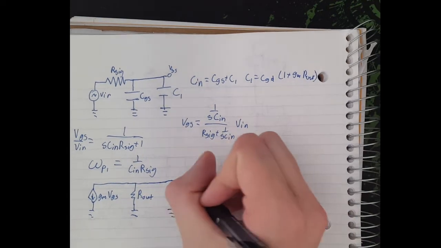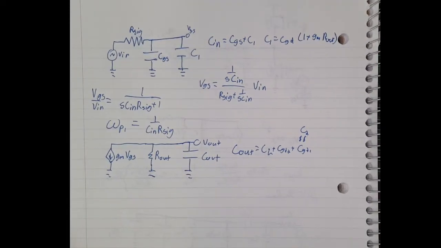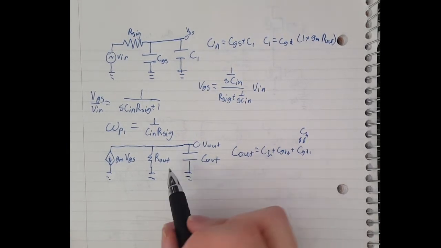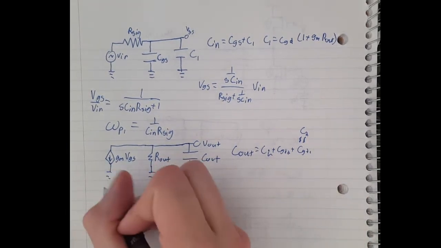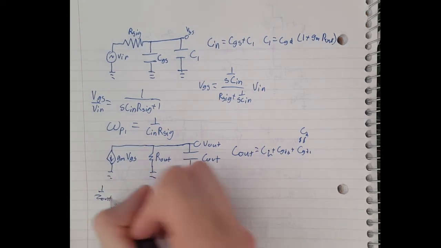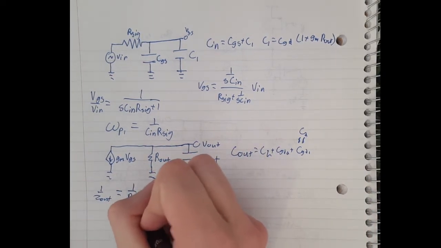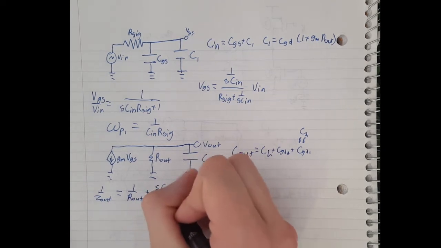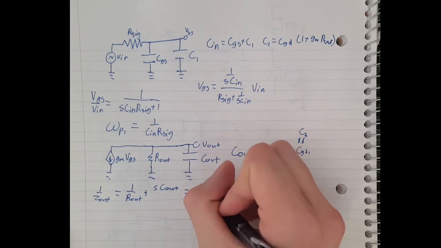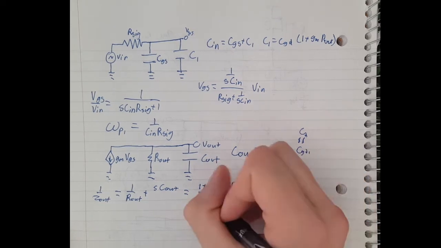So our V out here is just going to be the current times the impedance. So this impedance Z out is 1 over R out plus SC out, which equals R out over 1 plus SC out R out.